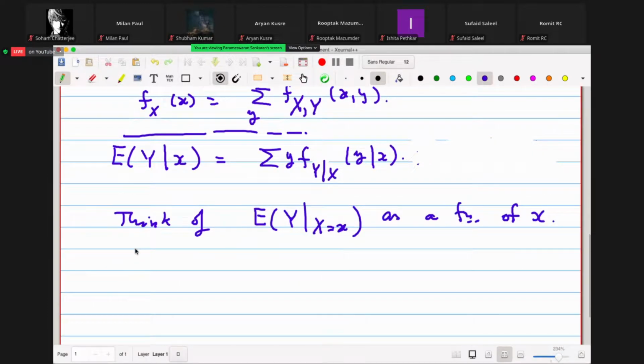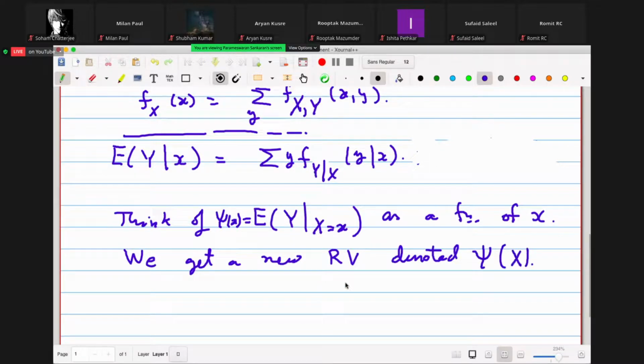So we get a new random variable, denoted psi of capital X. You think of psi of X as the composition: omega goes to X(omega), which is a real number, and then you compose with psi and you land in the real numbers.